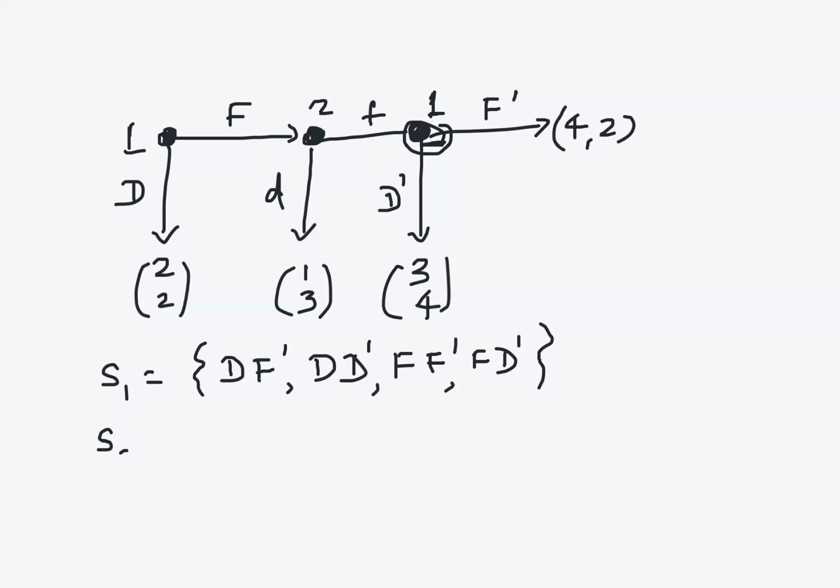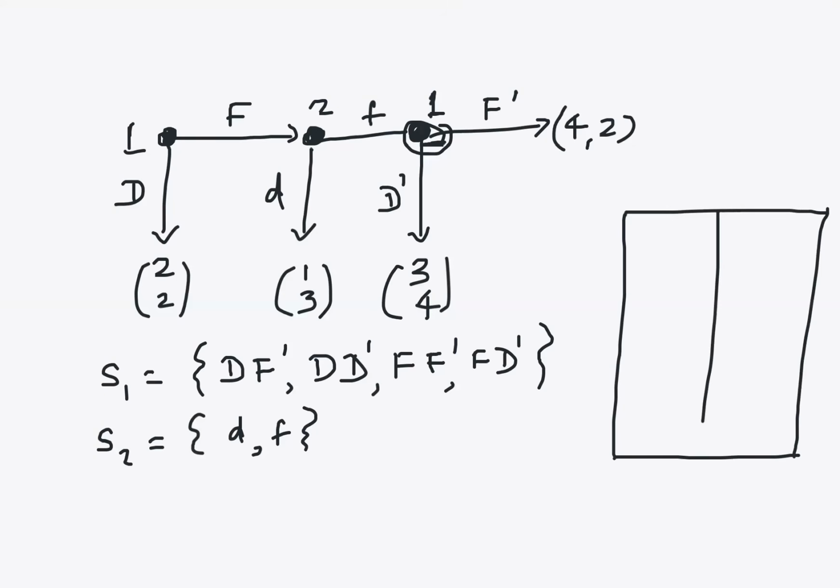And for player 2, there are only 2 strategies, move down or forward, so D and F. All right, so that's how you write the strategy sets for both players here. Next, we can convert this game into a normal form game. The matrix will have 4 by 2 dimension, 4 rows and 2 columns. The rows are for player 1 and columns are for player 2.